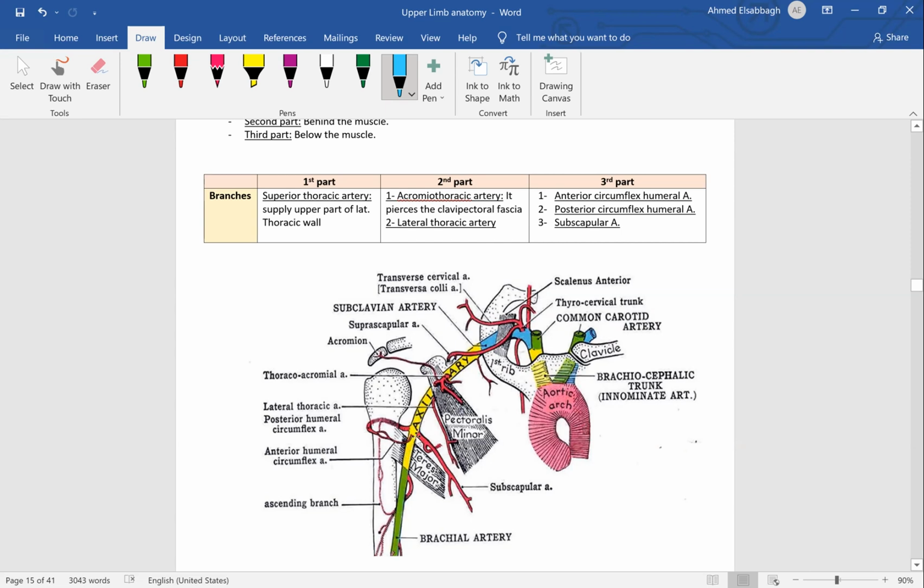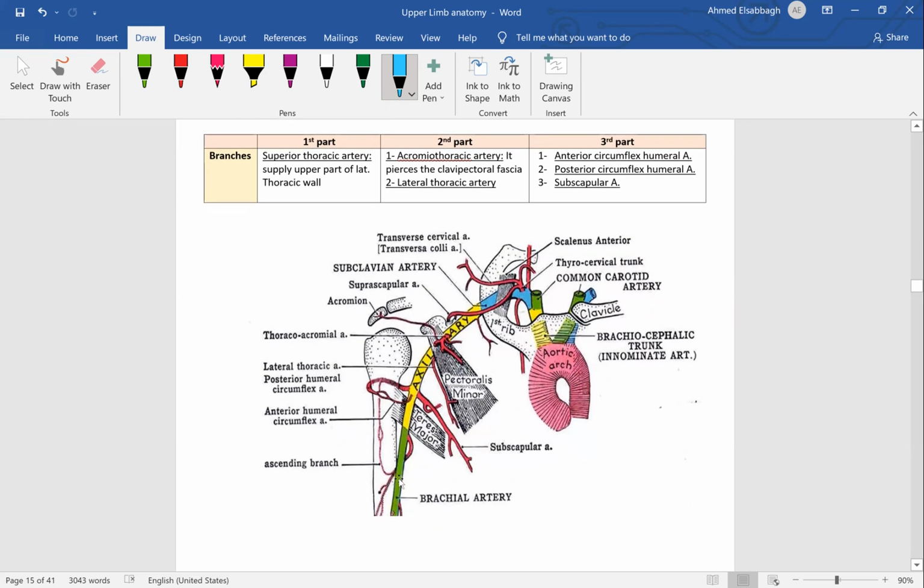The axillary artery continues in this yellow color until it reaches the lower border of teres major, where it continues as the brachial artery. So this is the tree of the axillary artery. Where is the beginning? At the outer border of the first rib. Where is the end? At the lower border of teres major.